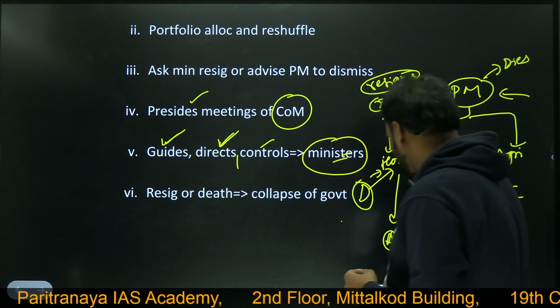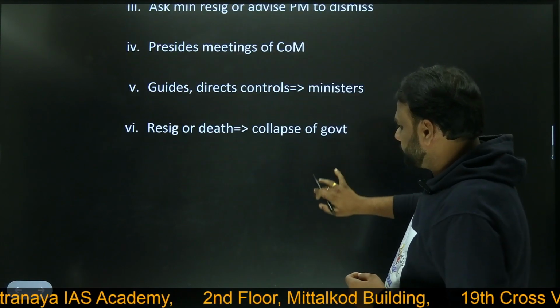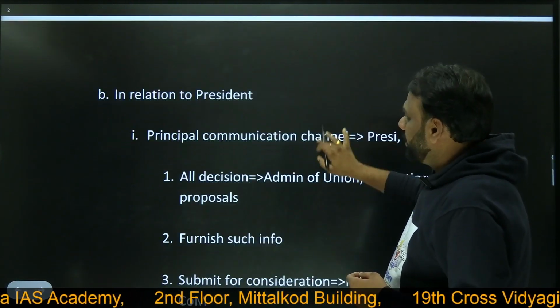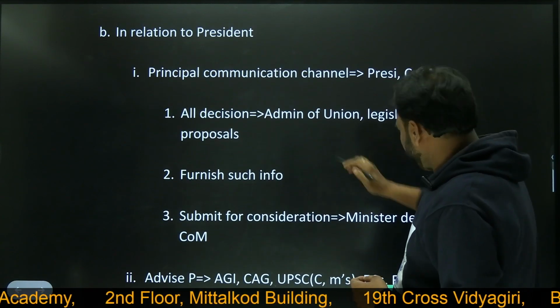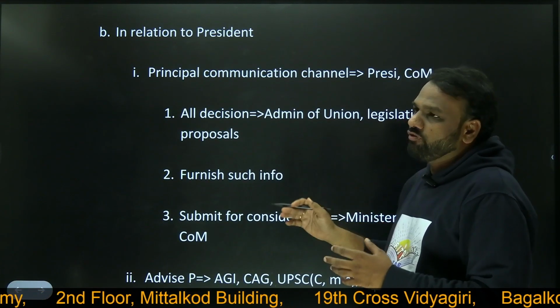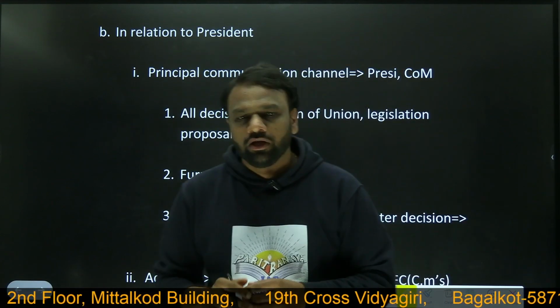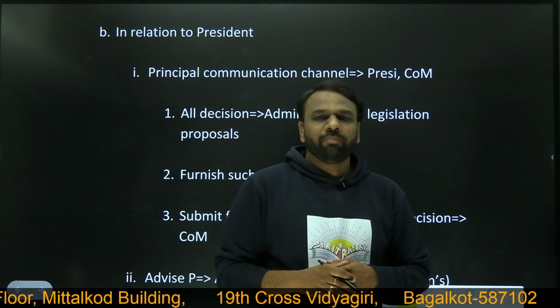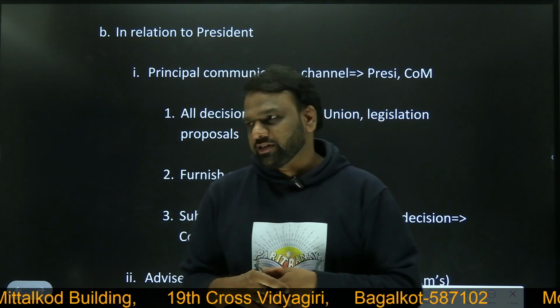Next, so in the previous part we saw the relation of the Prime Minister with respect to the Council of Ministers. Next we shall see the relation of the Prime Minister with respect to the President.